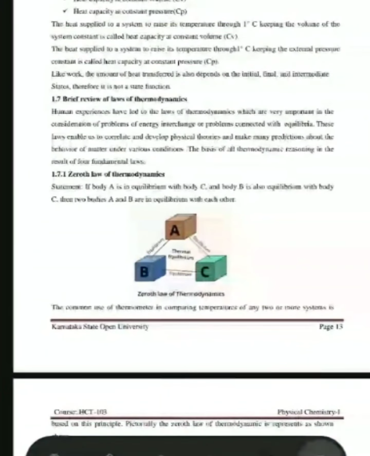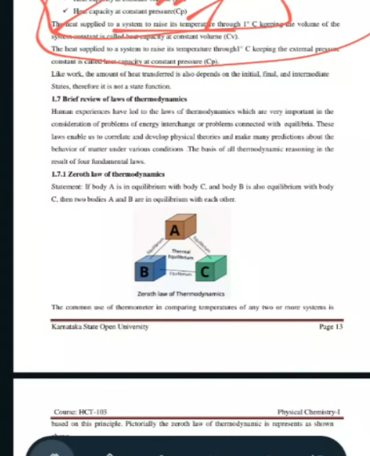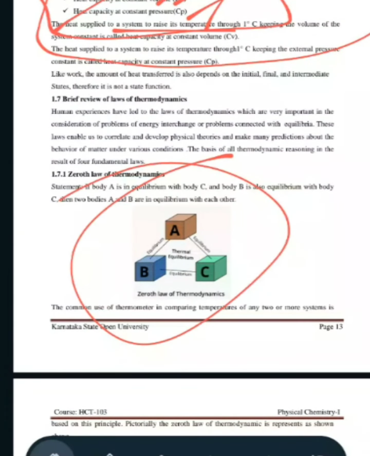And coming to the zeroth law of thermodynamics. In the zeroth law of thermodynamics, when A is in equilibrium with B and B is in equilibrium with C, then C will be in equilibrium with A. The same thing here: if a body A is in equilibrium with body C and body B is also in equilibrium with body C, then the two bodies A and B are also in the equilibrium state.